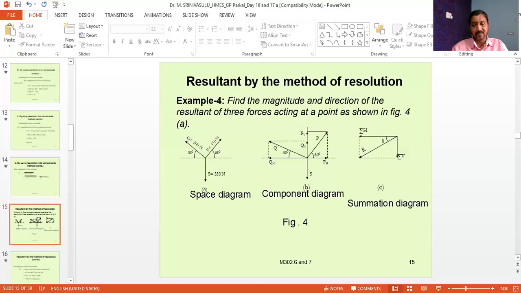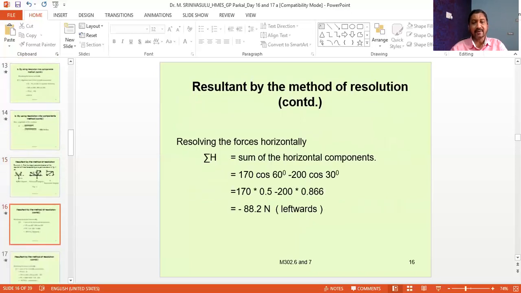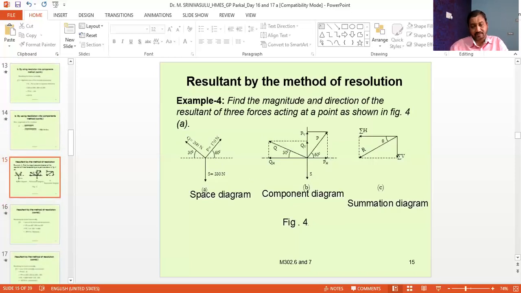Here alpha 1, the angle of P, is equal to 60 degrees with horizontal, and alpha 2, the angle made by the force Q with horizontal, is equal to 30 degrees, and the third one is the vertical force S. This is the given data. With this we have constructed the space diagram. After this we can move to the component diagram.